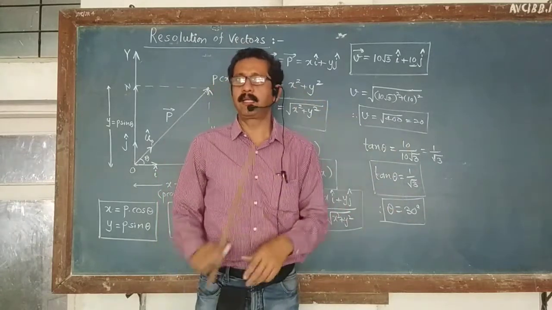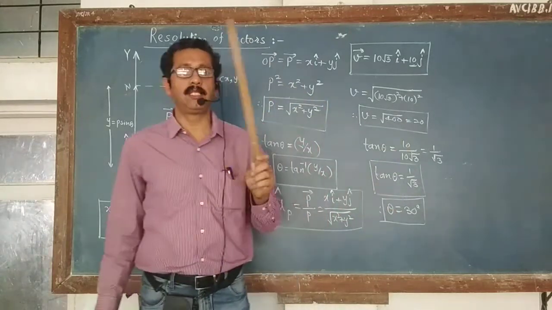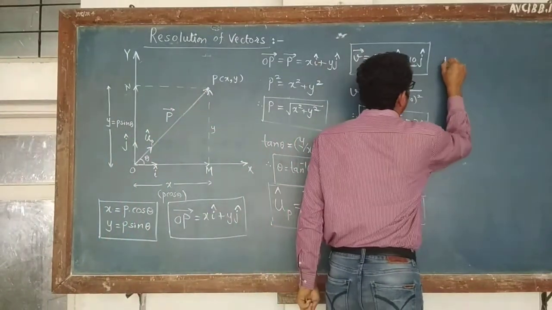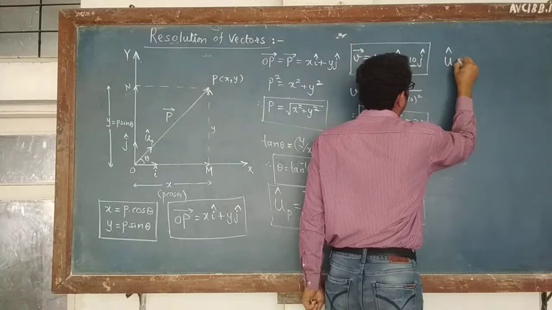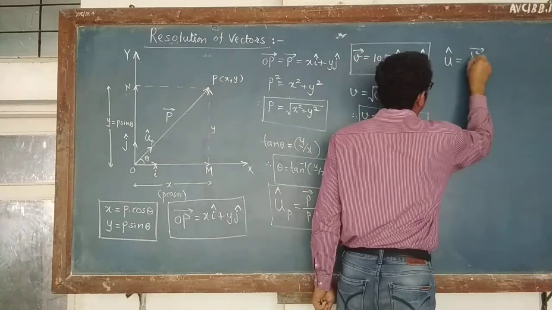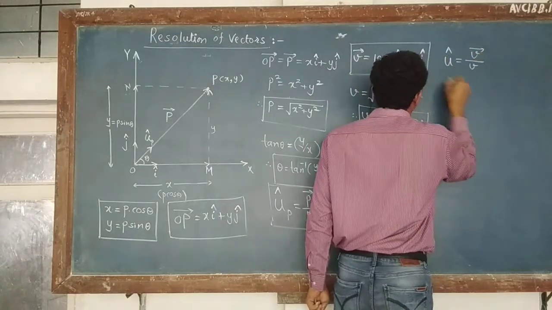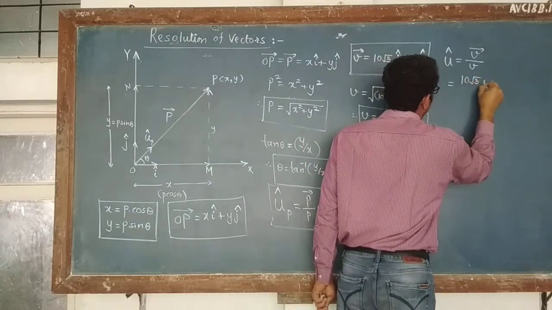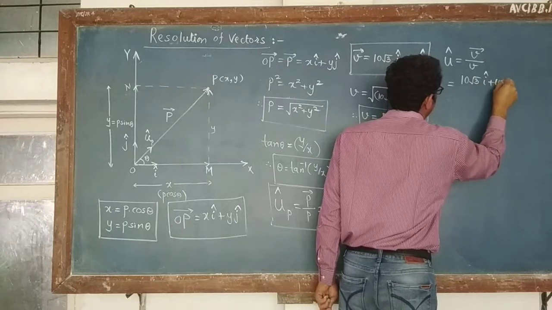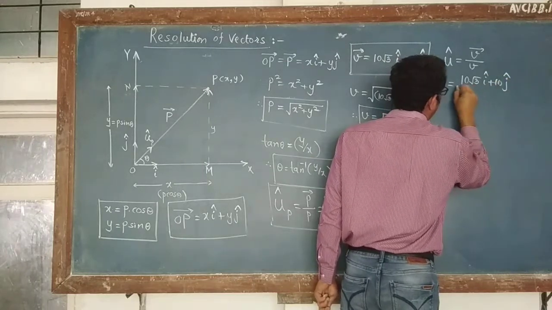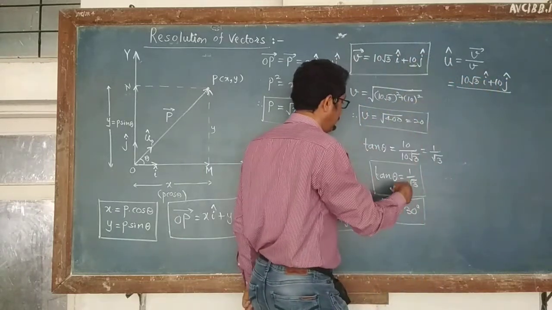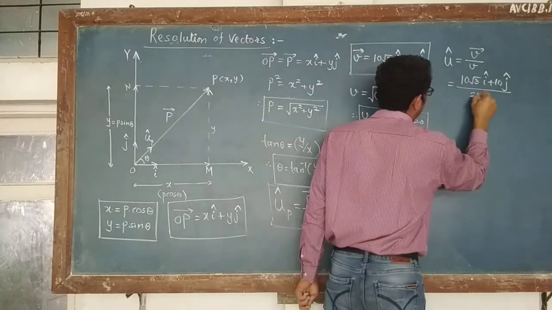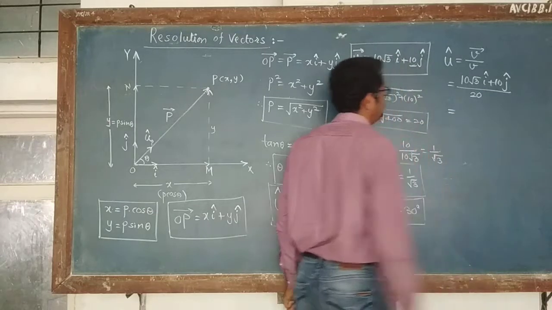The next thing I can also do here is find the unit vector along this velocity. The unit vector along this is given by the vector divided by its magnitude. So it will be equal to 10 root 3 i cap plus 10 j cap entirely divided by 20.